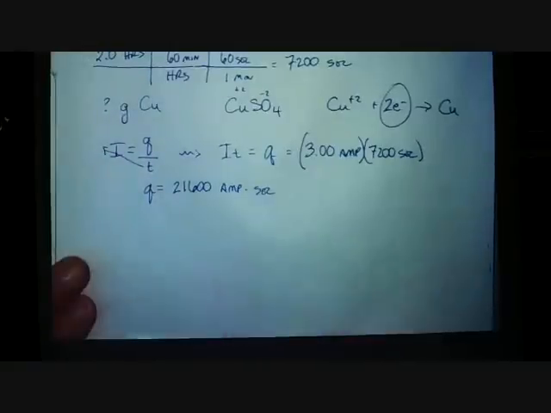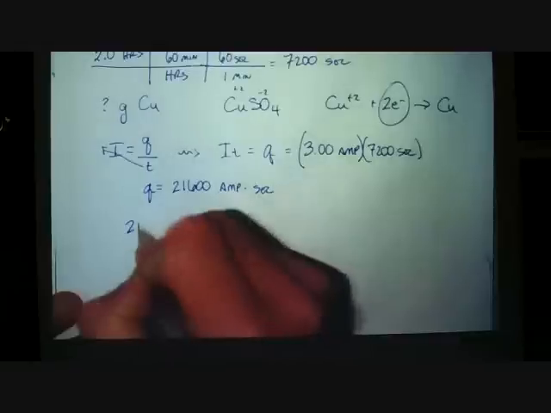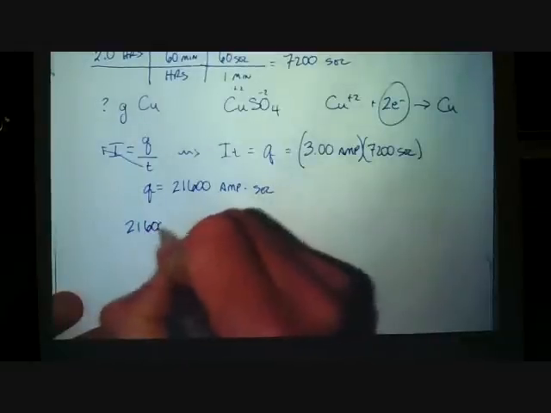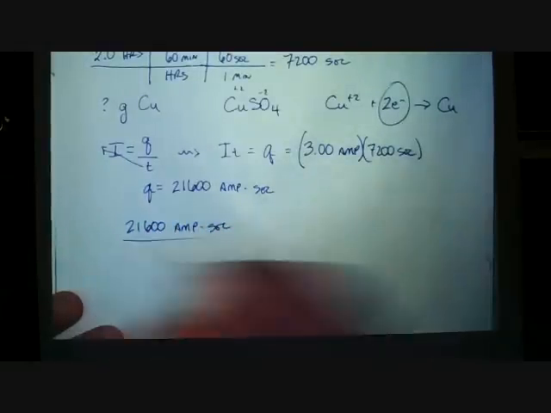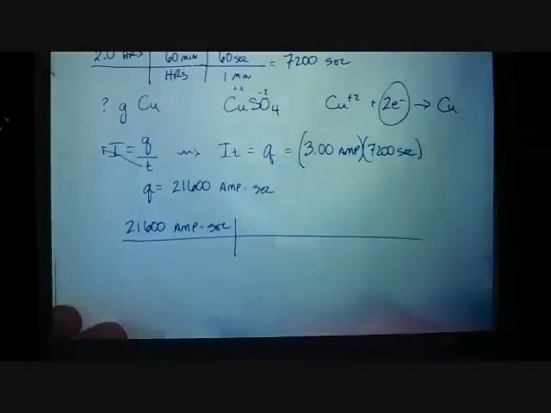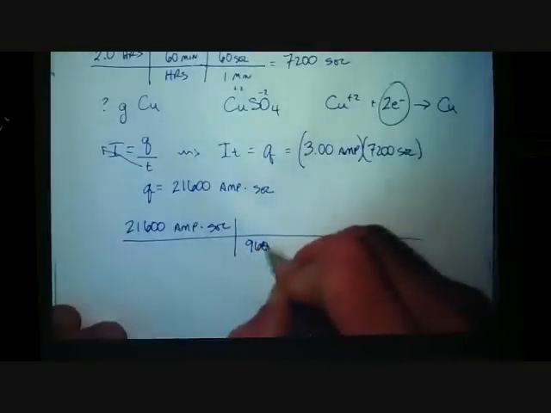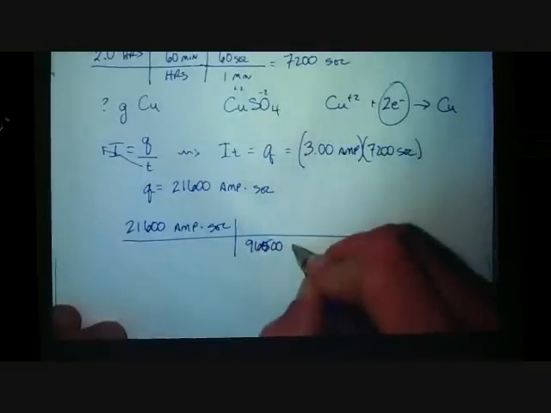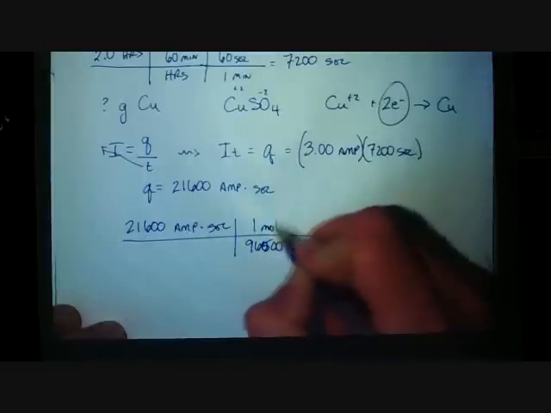Okay. So now that we have our coulombs, we work backward from the last problem that we just worked, where we have 21,600 amp seconds, or coulombs. We're going to use Faraday's constant to change our coulombs or amp seconds into moles of electrons. So 96,500 amp seconds for every mole of electrons.